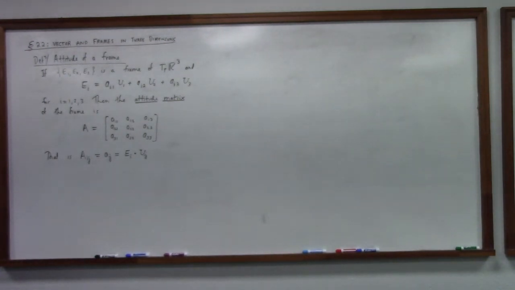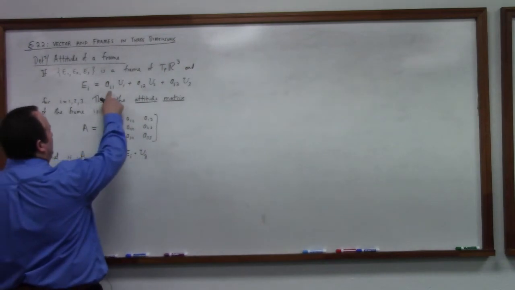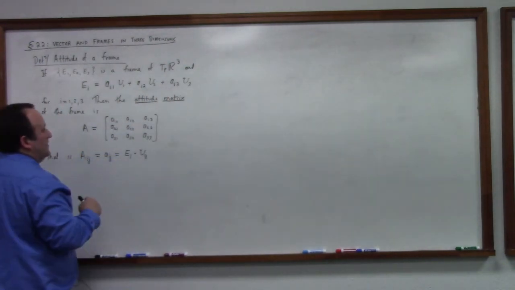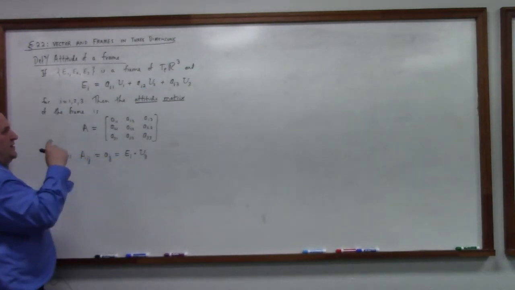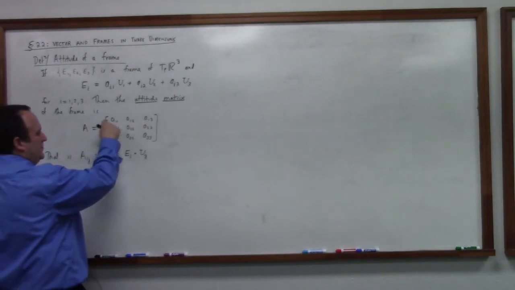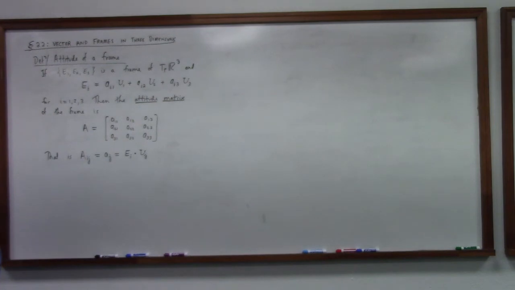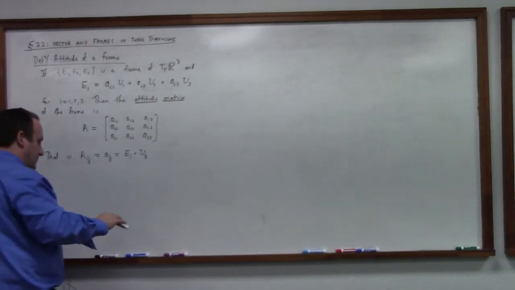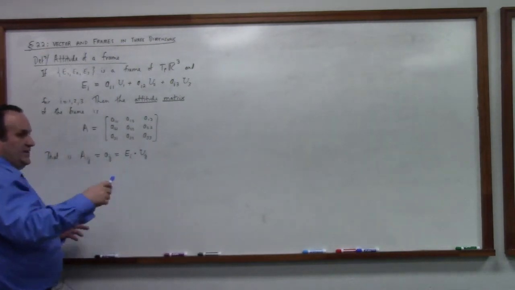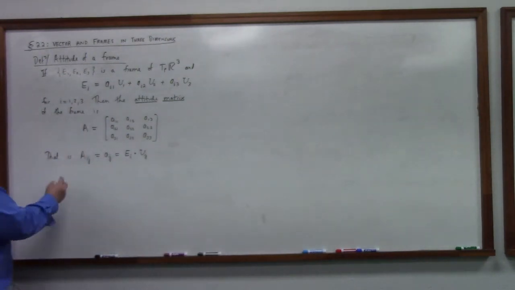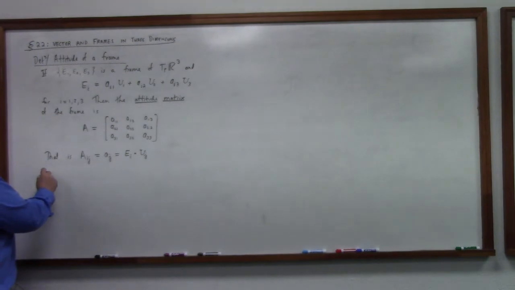What's going on here is we're peeling off the components with respect to the standard frame and putting them in a matrix. But the components aren't put in columns, they're put in rows. Okay. So, before I even get to the first theorem about this, let me just give you an example.